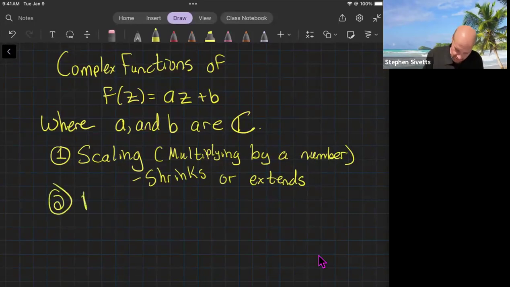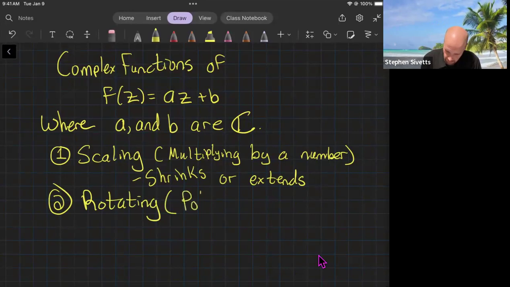The second type is a rotation. This will involve taking the polar form of a complex number.